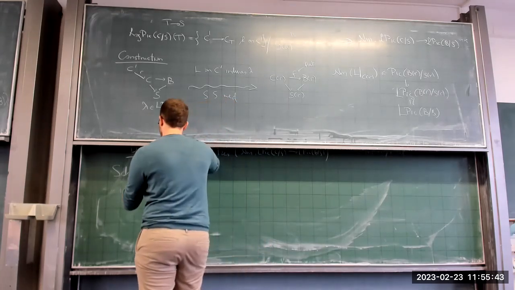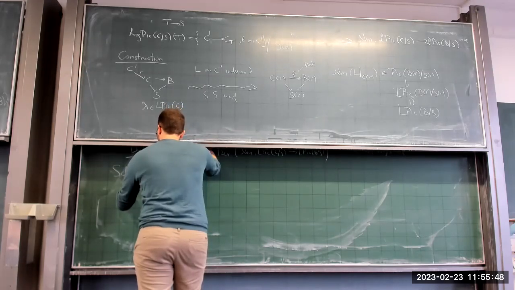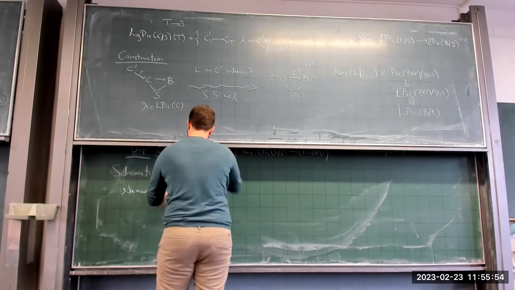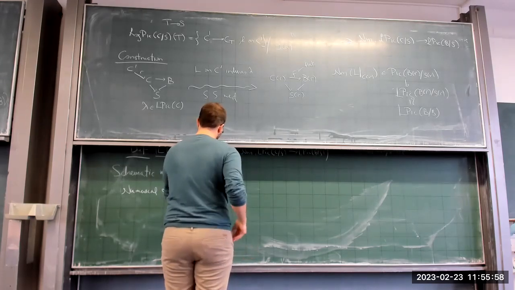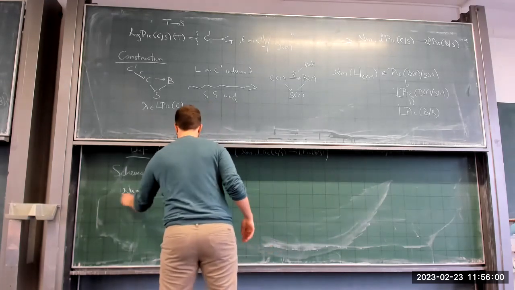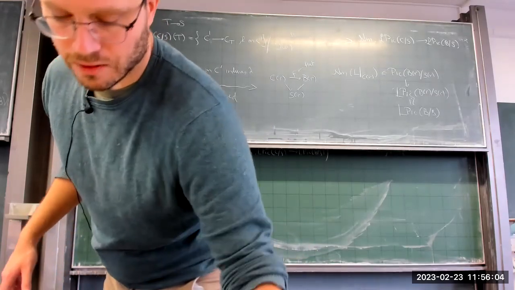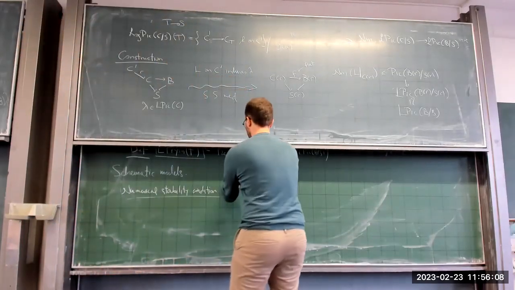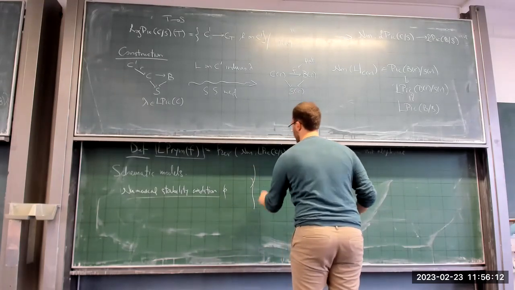But a good way to make schematic models is to choose what's called the numerical stability condition. It's also not super important exactly what this is.